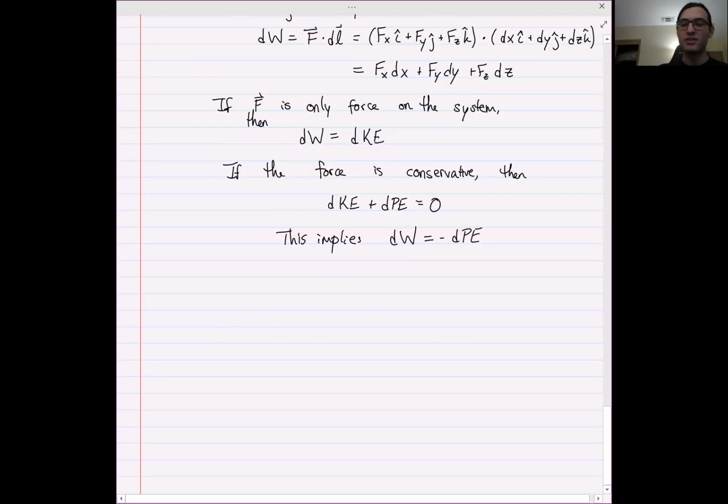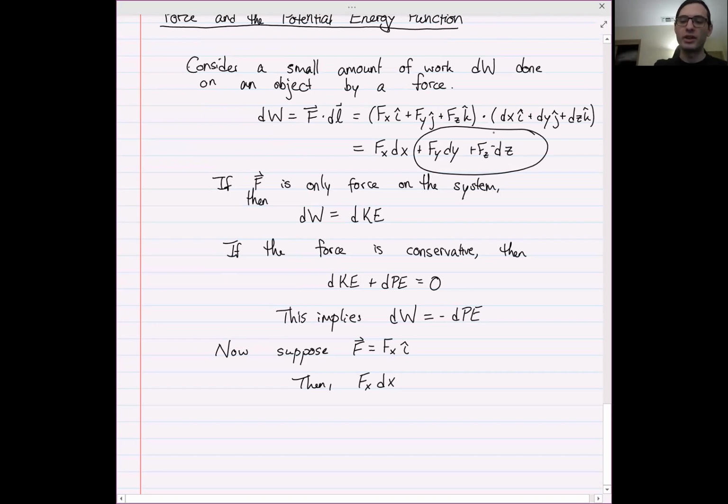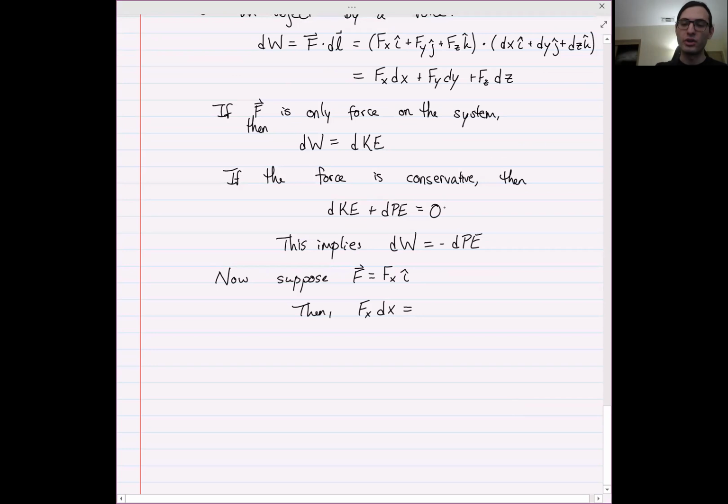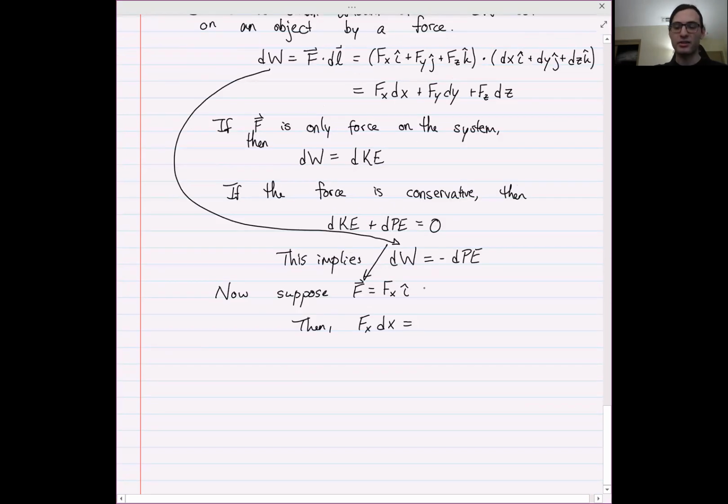Now we're just going to specialize to make things easier. We're going to suppose that the force is only in the x direction. It's just F sub x in the i hat direction, simplifying our problem. Then we have F sub x dx, because the other terms would be zero, since there is no F sub y dy and no F sub z dz. So using these relationships combined, F sub x dx is equal to negative dU.